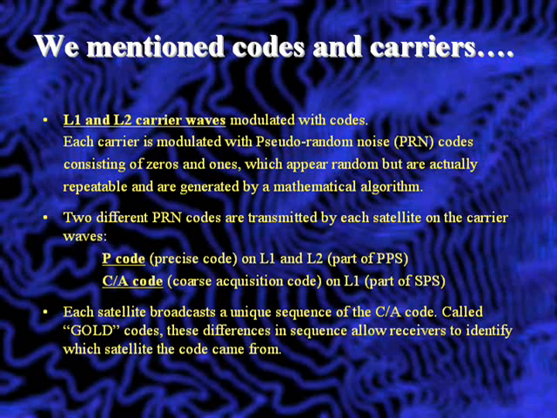The P code is basically one bit of code. The CA code is different for each of the satellites, so each satellite has its unique CA code. It's also referred to as a gold code, like a gold standard. So each satellite is identifiable by its own unique CA code signal.